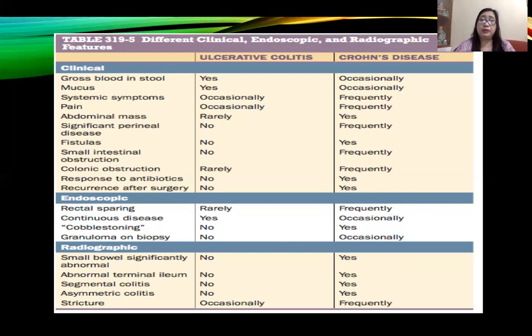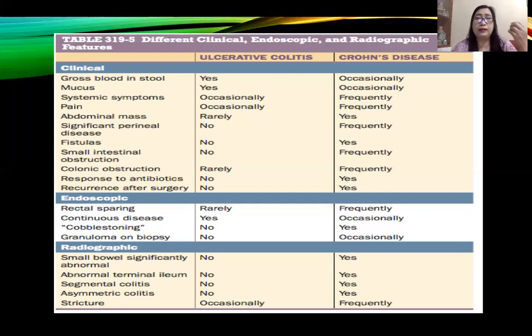During endoscopy, you see a continuous lesion in ulcerative colitis. You don't see normal mucosa, while in Crohn's disease, what you see is skip lesions. In other words, you see ulcerations, erosions, erythema, and then normal mucosa, and then again ulcerations, erythema and inflammation.